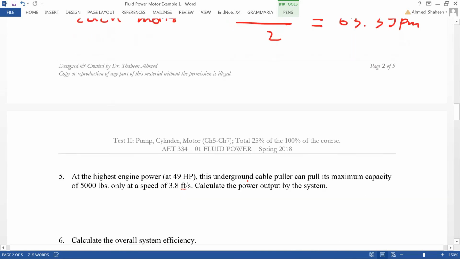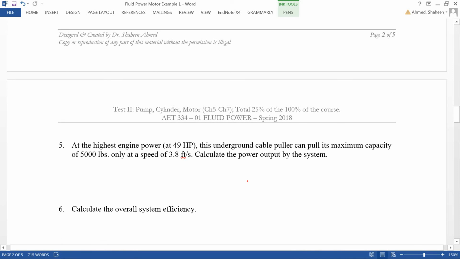Then it says at the highest engine power of 49 horsepower, the underground cable puller pulls its maximum capacity of 5,000 pounds only at a speed of 3.8. Calculate the power output by the system. We can simply do P equals FV divided by 550.